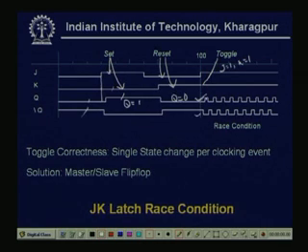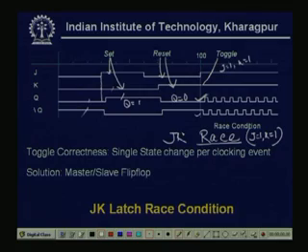So, both will toggle, meaning it will be 1 0 0 1 1 0 1 0 1 0 like that. We define this as the race condition of JK. So, this is called the race when J equal to 1, K equal to 1. This is called the JK race, meaning the output toggles.